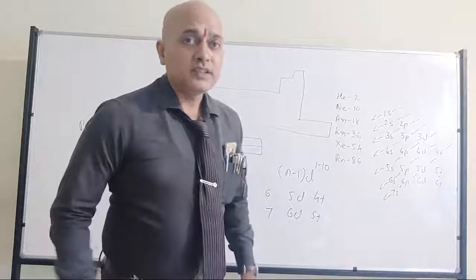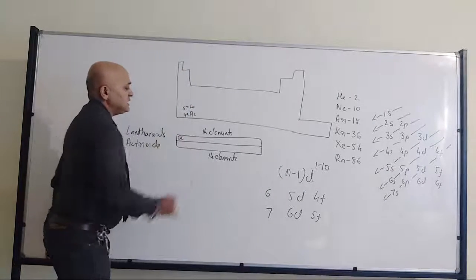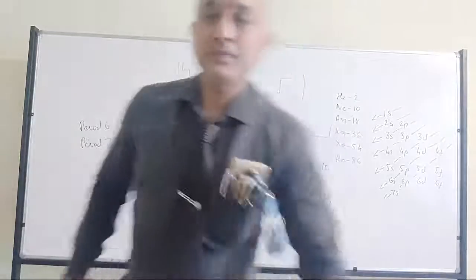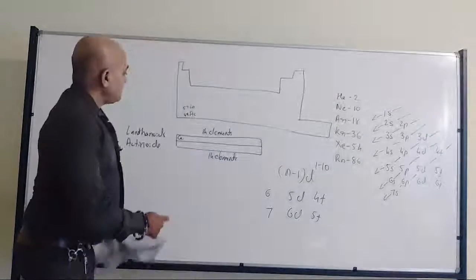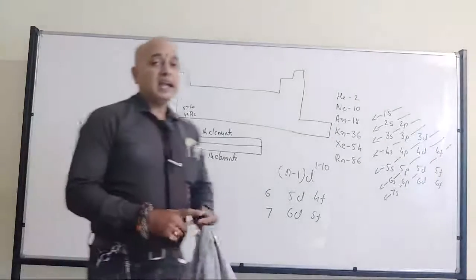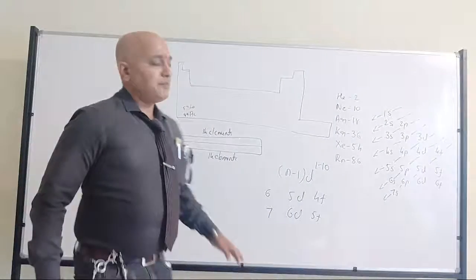Fine? So now when it comes to the lanthanoid series, it starts from cerium. And when it comes to actinoids, it starts from thorium. So cerium and thorium, these are the elements.